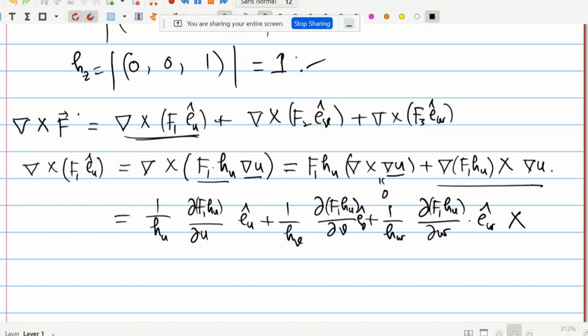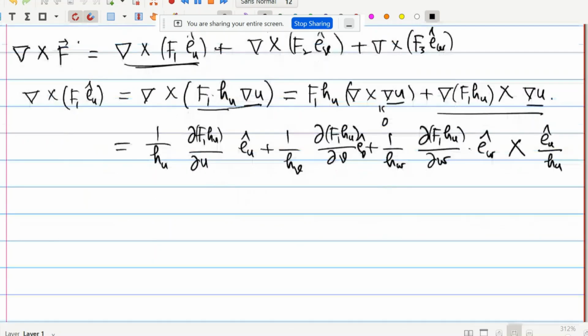This you are cross multiplying with del U. What is del U? EU cap divided by HU, right? HU gradient of EU. Yes, sir. Each component of any vector also depends upon U, V, W. That's why if we differentiate.